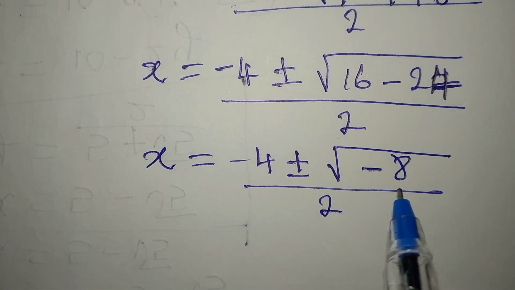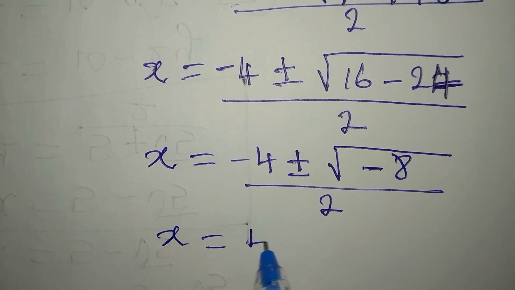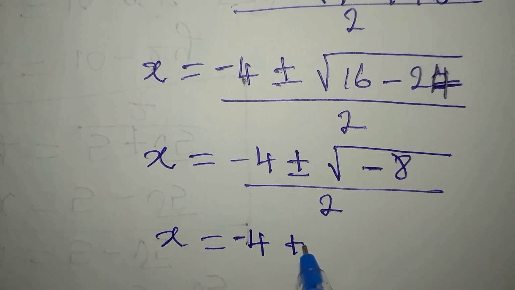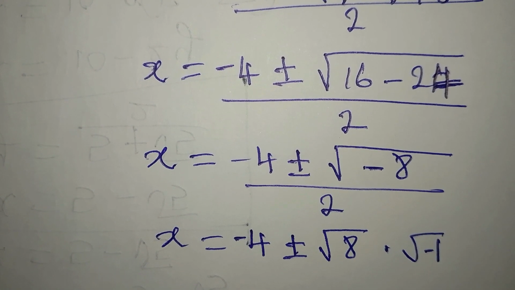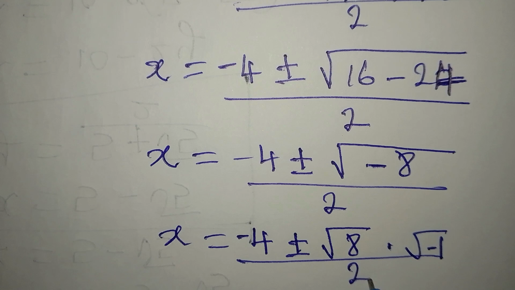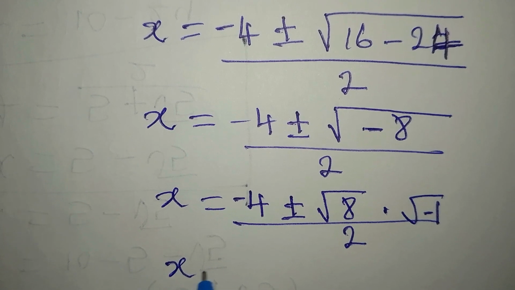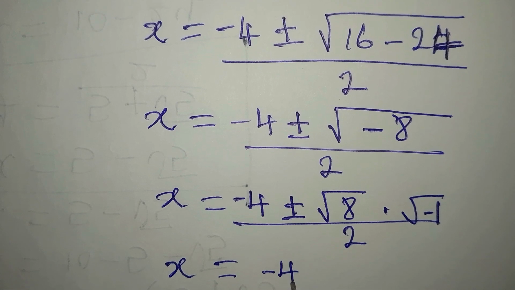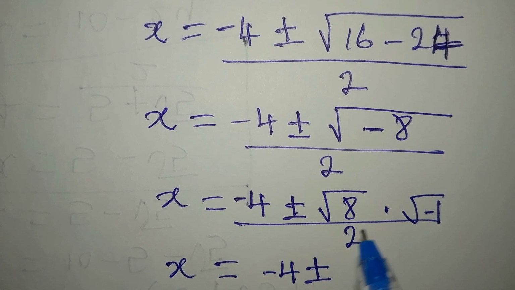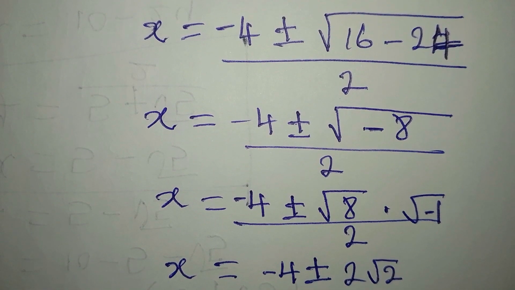Mind you, this will give us a complex solution, but let's see how we can manipulate it. Then we have ±√(8 times -1), over 2. This way, we can now find the square root of 8. And x will now be equal to -4 ± √8, which is the same thing as 2√2. I believe you know that.